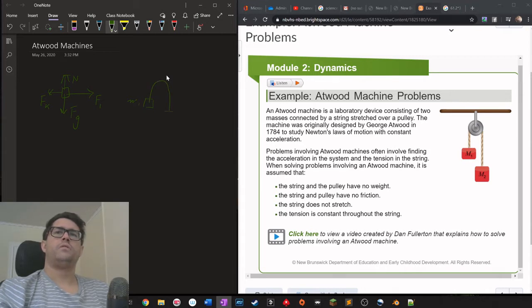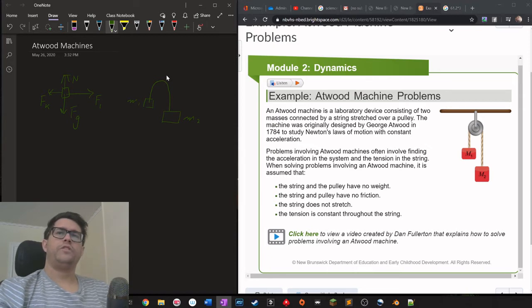There's a pulley. It doesn't matter what their position is, but we could use the difference in their position to talk about acceleration, because this is the distance, and by a certain time, we can find the acceleration. So that's useful.